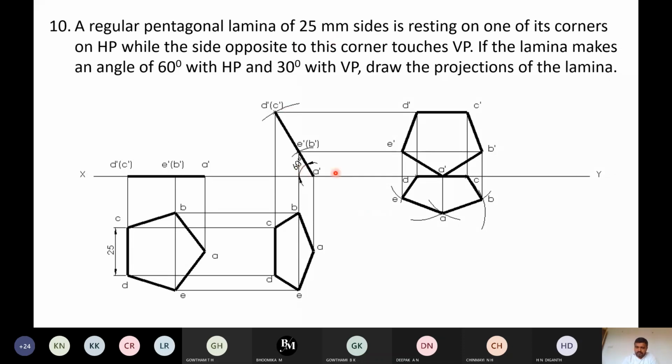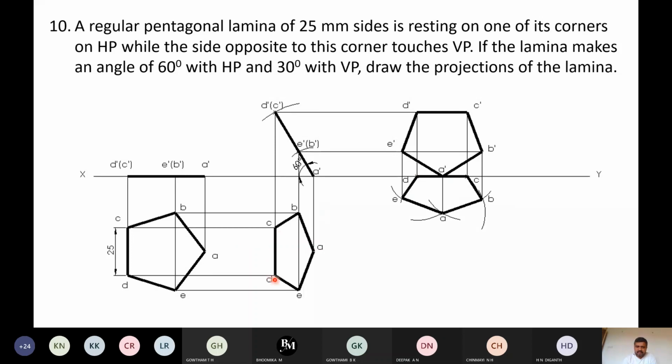So when you make it inclined at 60 degree, and when you move it and make it touch VP, automatically it will satisfy this 30 degree with VP. That we cannot see from front or top. We can see only from side view. Okay. So here also same procedure.